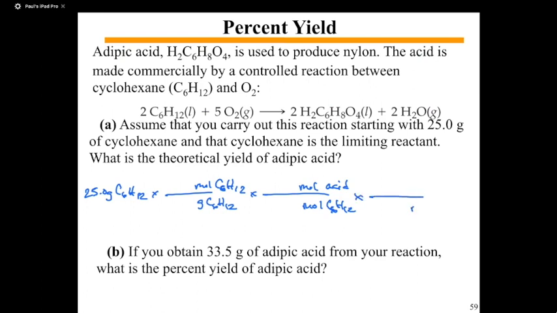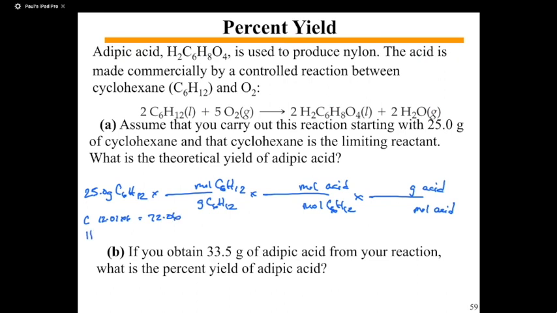And then I'm going to say the moles of the acid to grams of the acid. Okay, C6H12. Carbon weighs 12.01 times 6 equals 72.06.